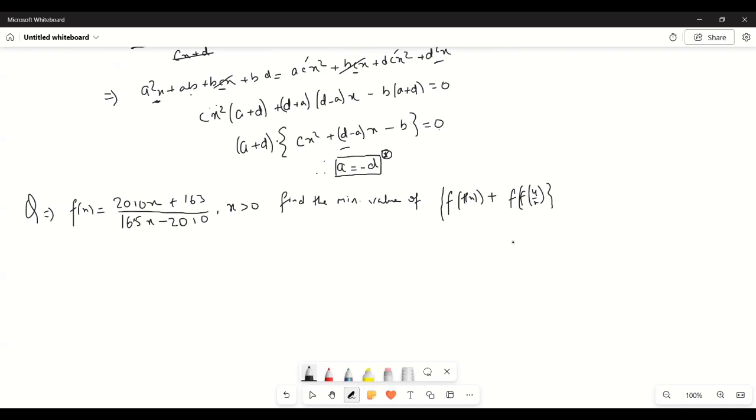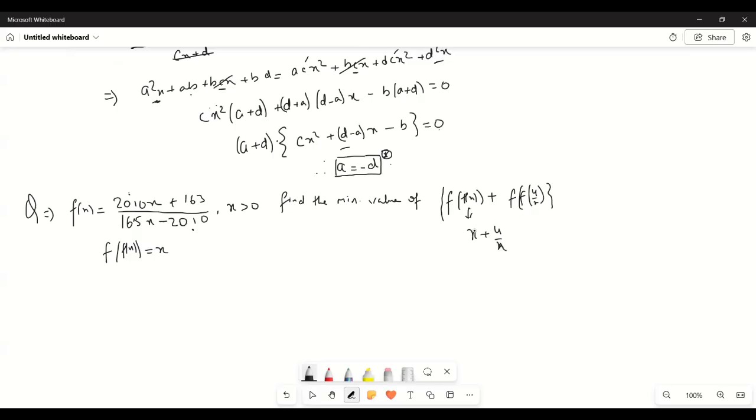So how do we solve this? So we notice the fact that a is equal to minus d वाला कंडीशन वैलिड है, ठीक है ना. a is 2010, d is minus 2010, तो a is equal to minus d, which means for this function f of f x will be the same as x, तो this will become x और ये बन जाएगा 4 by x.